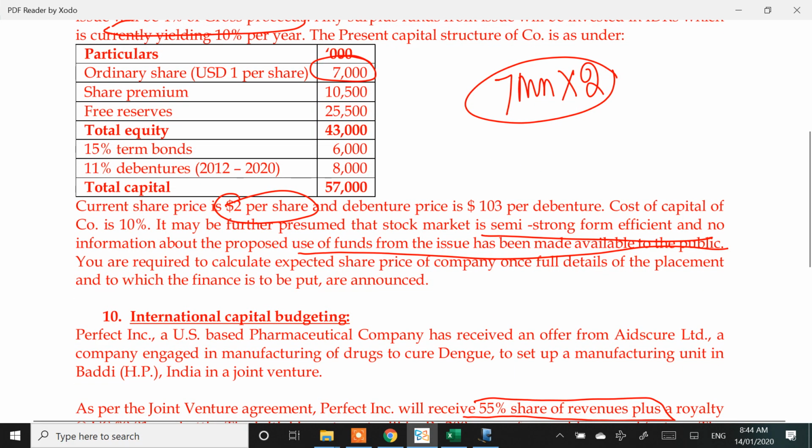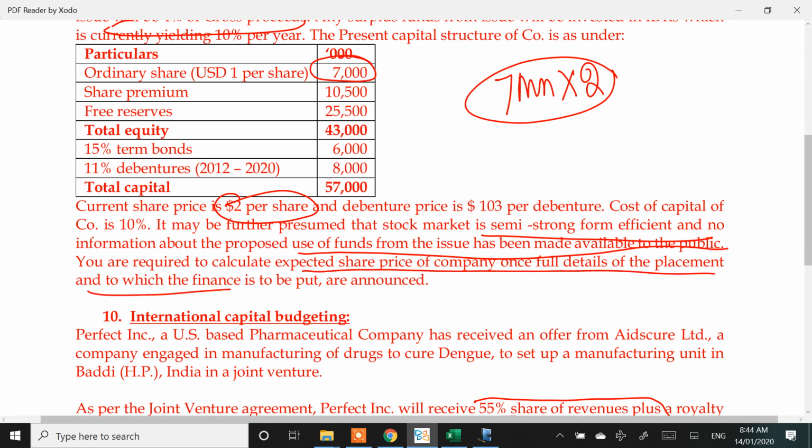You are required to calculate the expected share price once full details of the placement and the uses to which the finance is to be put are announced. The company is going to make an announcement saying that we are making a fresh issue of 15 million and this is what we are going to do. Once this is done, a semi-strong or strong form market would mean that everybody understands that this will give so much NPV, and this is going to be the final value.